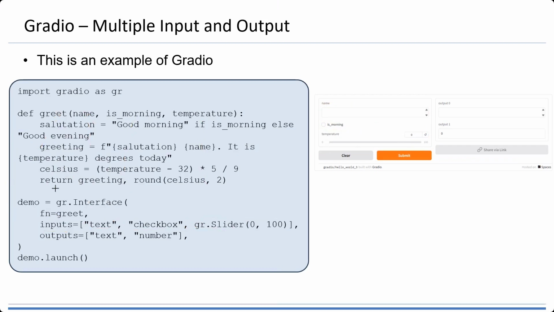And then we have two outputs. The first output is the text, which is this one, and the other value will be a number. Once we get the greeting, it will go to the text. Once we get the Celsius, it will go to the number.